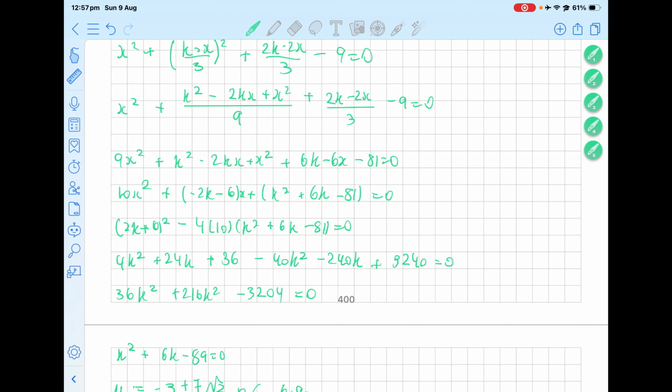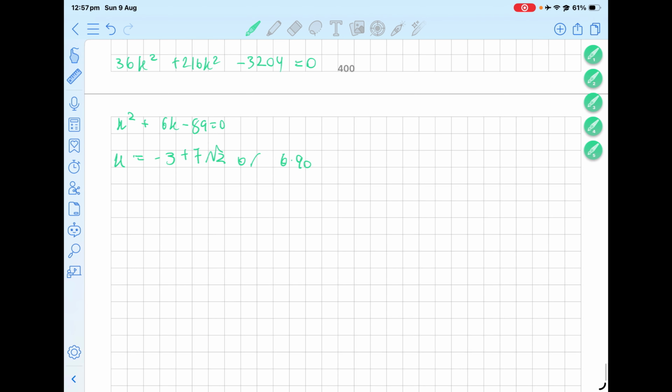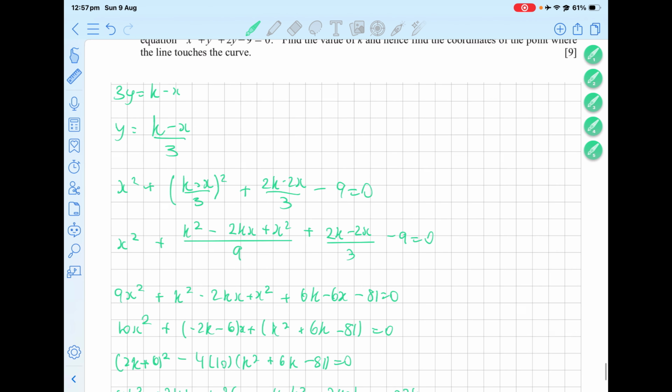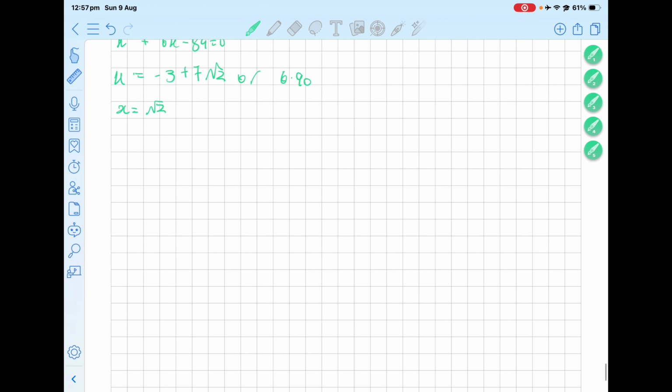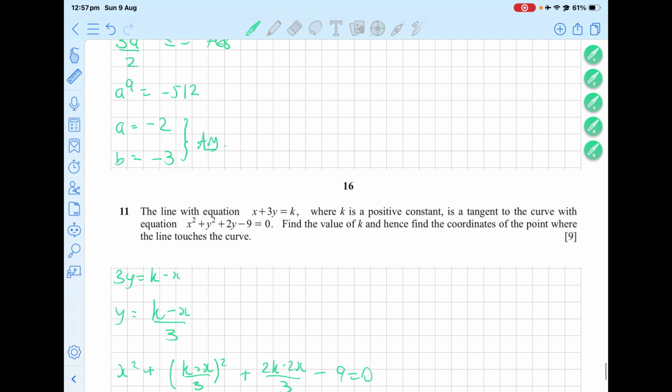So after putting that into the equation, either x equals root 2 or x equals 2 root 2 over 5. So we have two possibilities.